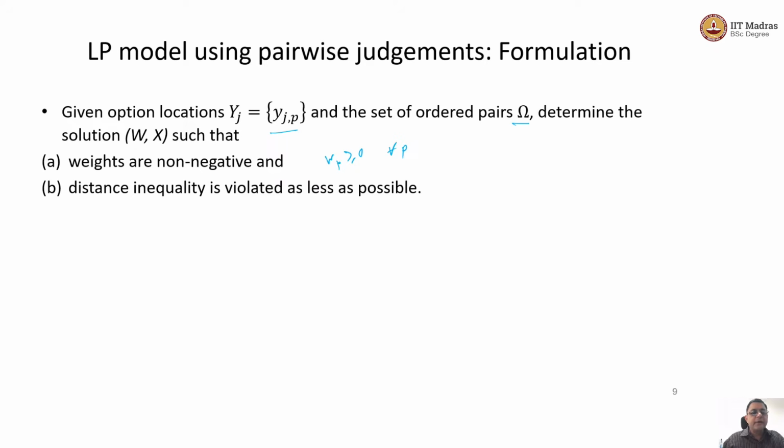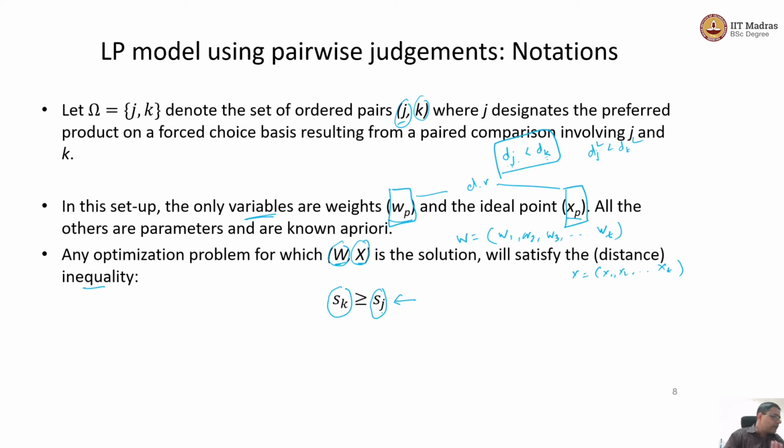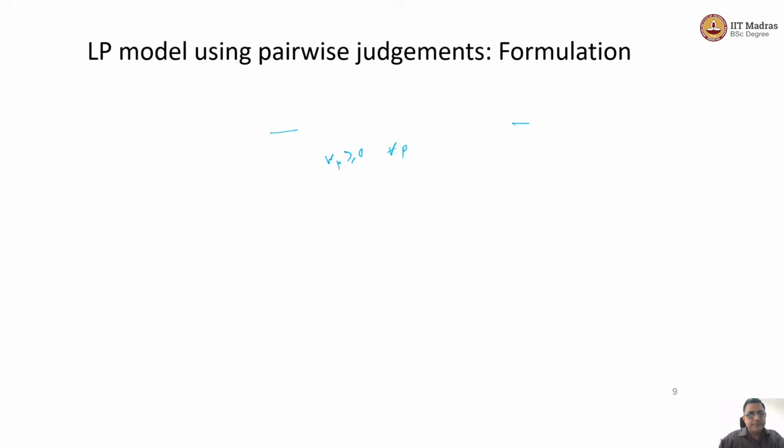Secondly, the distance inequality has to be violated as little as possible. I want to respect this. If my solution does violate this pairwise comparison, I want that violation to be minimum, which means I'm allowing for some of these violations to happen.